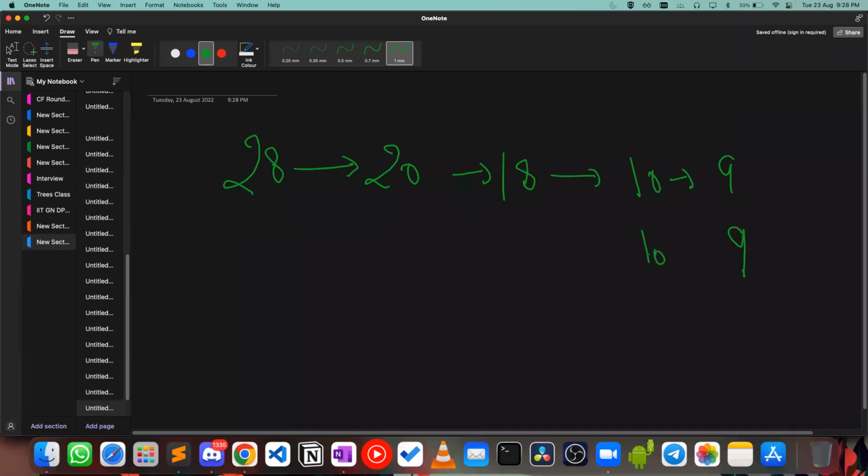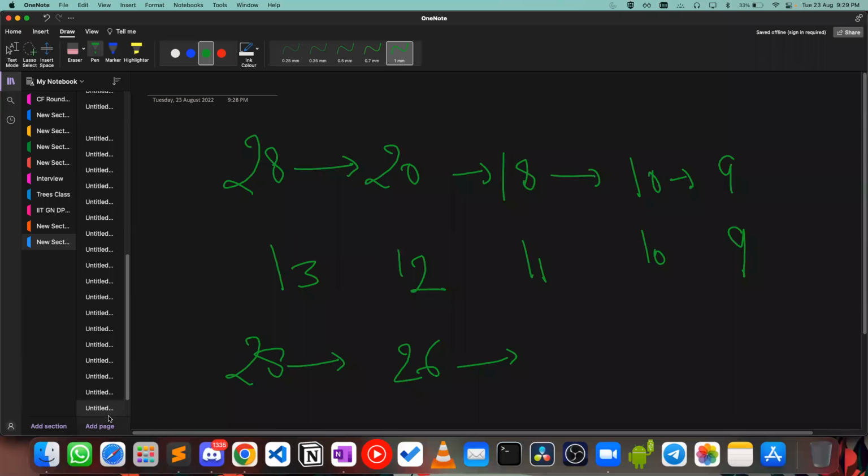So here it will require 10 steps, 11 steps, 12 steps, and 13 steps. And if we do DP going from 28 to 26, and then from 26 to 18, we cannot go from 26 to 18. Can we go from 26 to 18? We cannot.